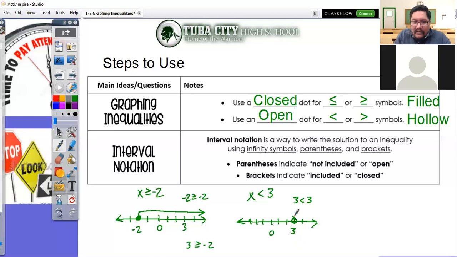Now again, to mark it, I need to find out which way it's going to go. So let's see. In this case here, I need a number that is less than 3. So if I told you to pick a number less than 3, you might pick 1 or 2, which would be true. 1 and 2 are less than 3.